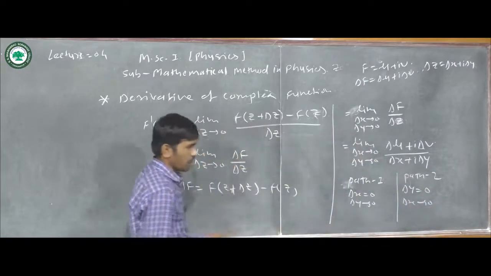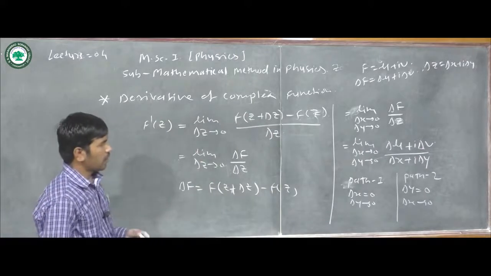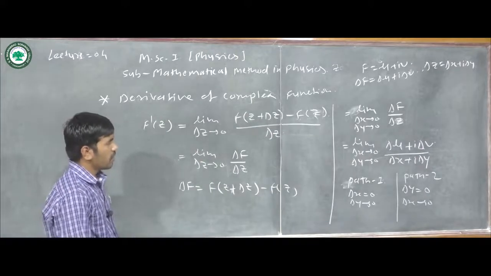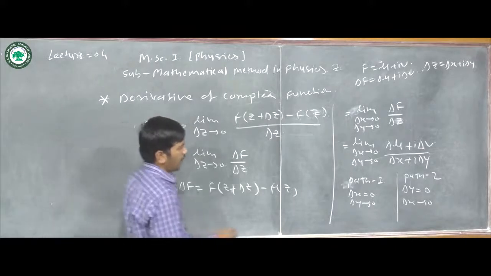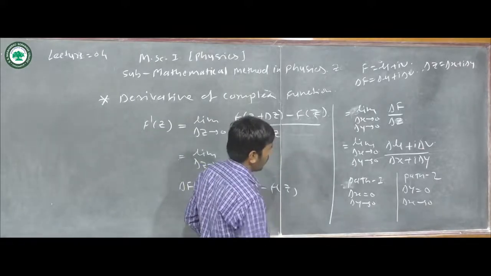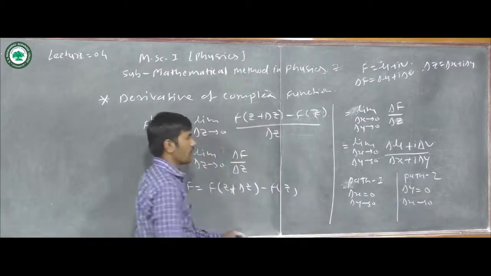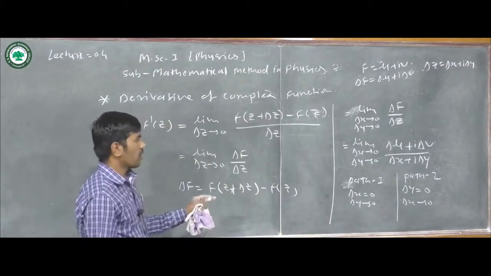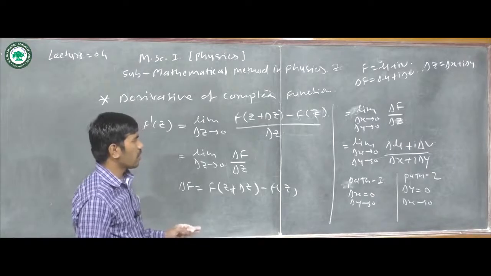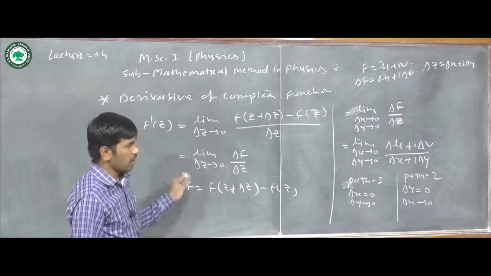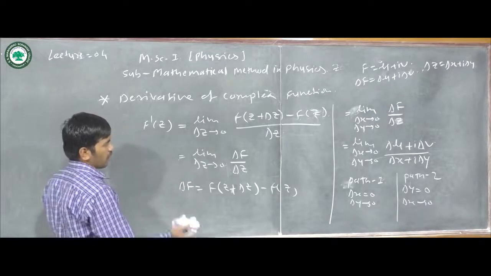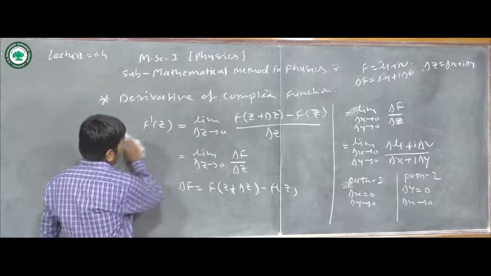These are the two paths we are considering. If we apply these paths to the limit and get equal results for the two cases, then we can say this limit exists, as we studied previously. Okay, so let's check.